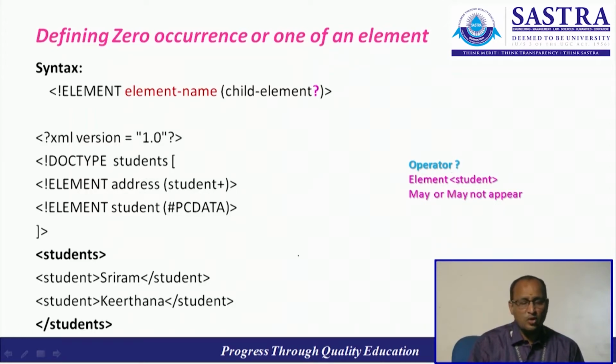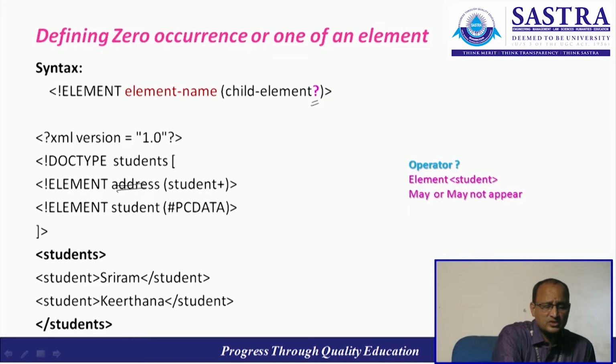Next, operator is question mark. Accordingly, we have to change this also. What should be the child? Is it parent or child? It's a parent, because as per our root tag, this is root tag which is having student. And what is the operator we use?